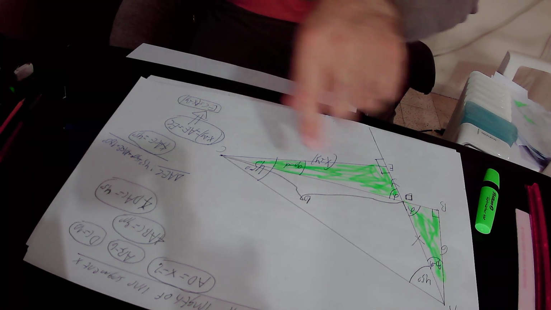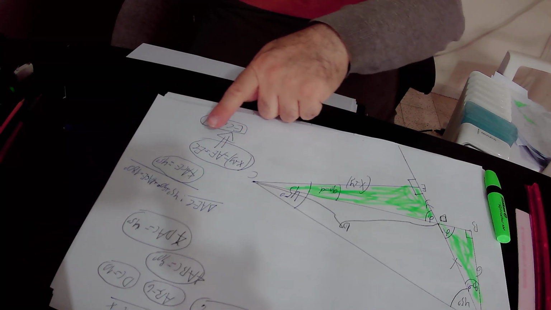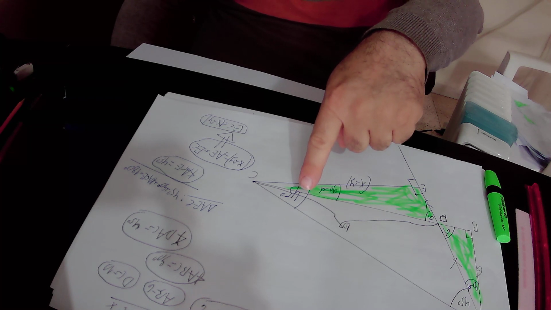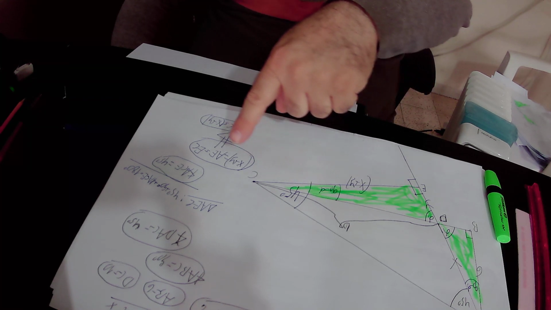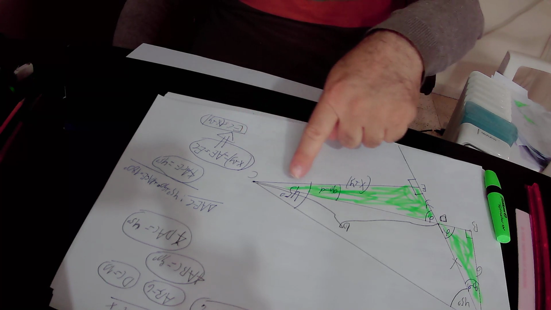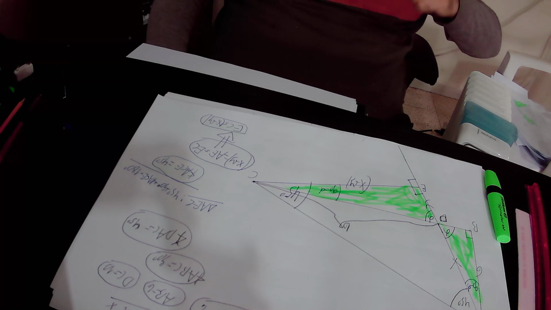We subtract 135 degrees from this equation, and we find that the missing angle ACE equals 180 degrees minus 135 degrees, which is 45 degrees. So angle ACE equals 45 degrees.